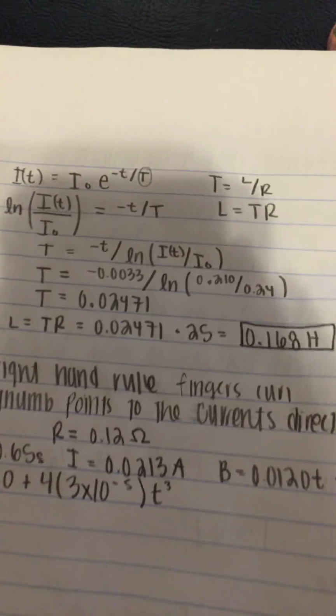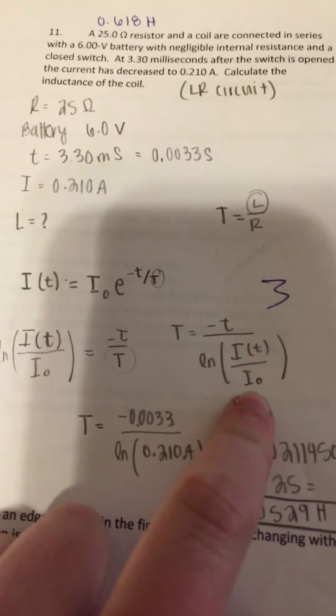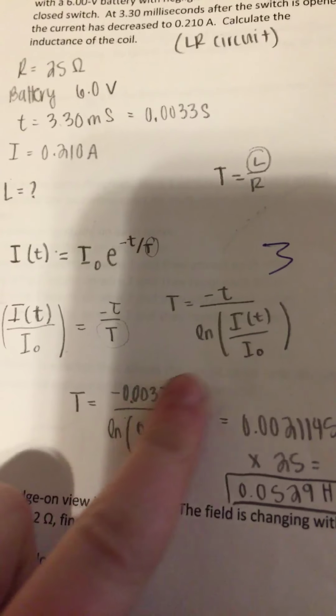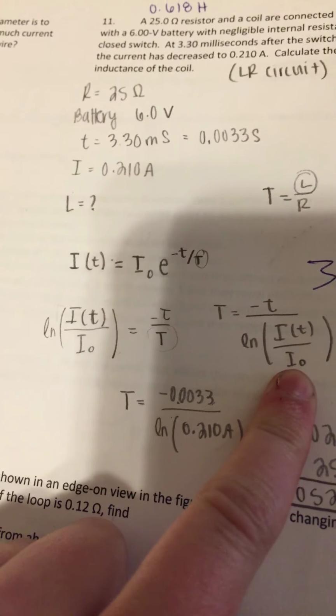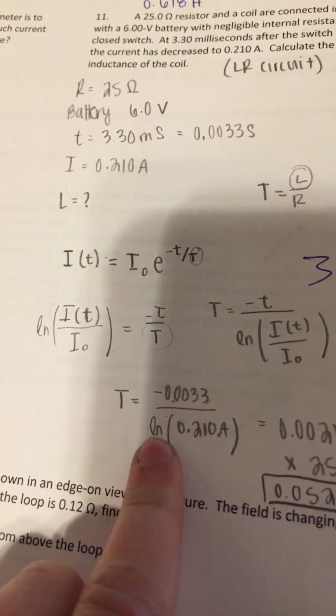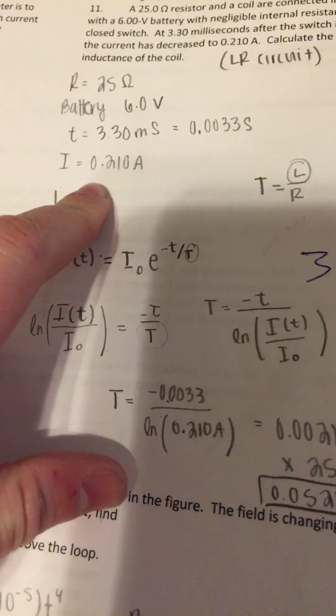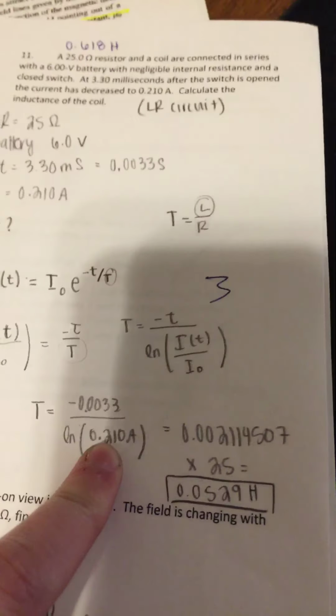One part that I forgot to do in this problem was instead of finding the I naught, I just put I in there. So right here, instead of putting I naught underneath that, I just used that. So that was my problem.